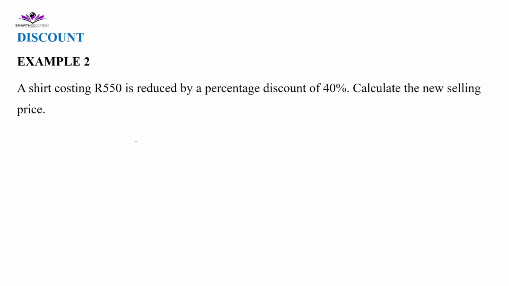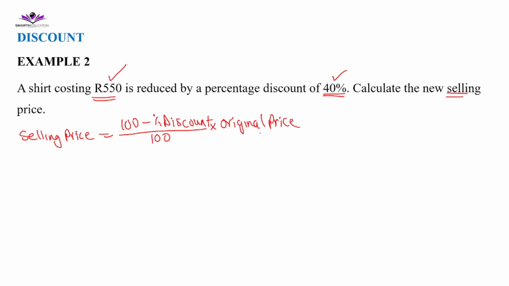Right, example 2. A shirt costing 550 rand is reduced by a percentage discount of 40%. Calculate the new selling price. So now we have the original price, we have the percentage discount, we're finding the new selling price. Remember, we say the selling price is equal to (100 minus percentage discount) over 100 times original price.